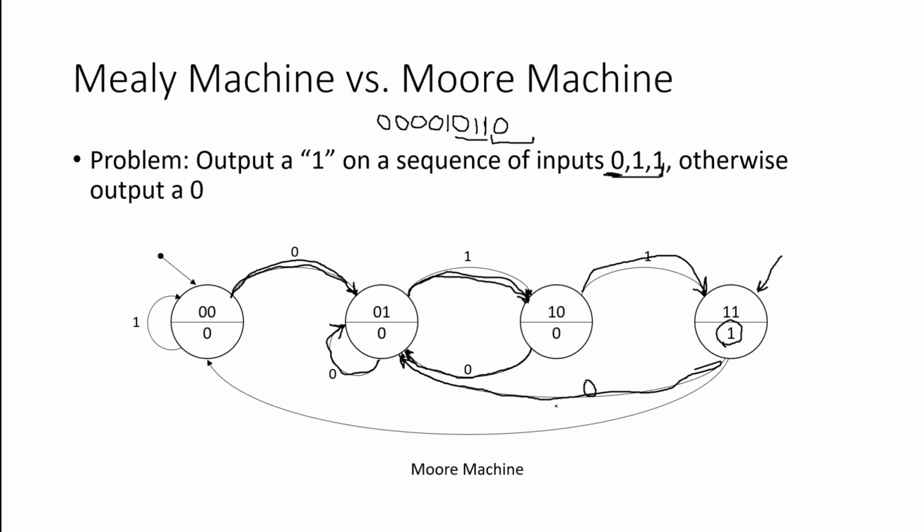It's important for us to understand why we're going back to state 0, 1 here. From my initial state, the input which allows me to transition to this state is always going to be a 0. Notice there's a 0 here and there's a 0 here. After this sequence 0, 1, 1, if I receive a 0 again, I'm just going to reiterate, it could potentially be the start of another 0, 1, 1.